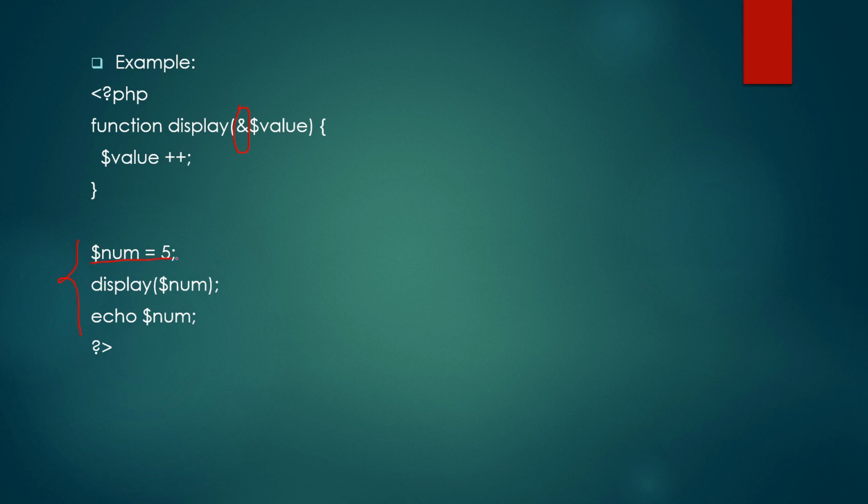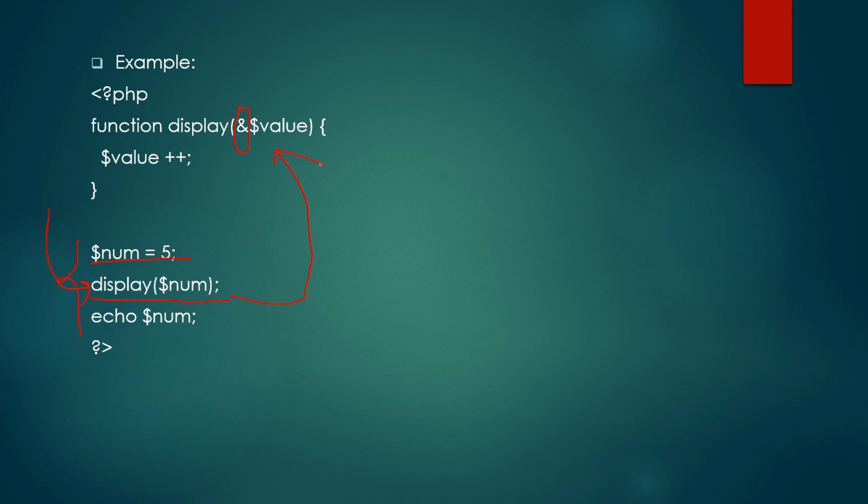We have a variable which has a value 5. Now I want this variable to be used inside this function. So I can pass this into this function. Here I am calling this function and passing the variable inside this function. As soon as it encounters this statement, we are calling the function, so it will go to its function definition.